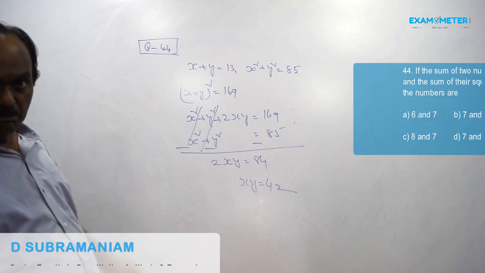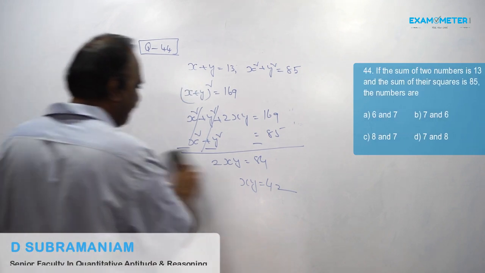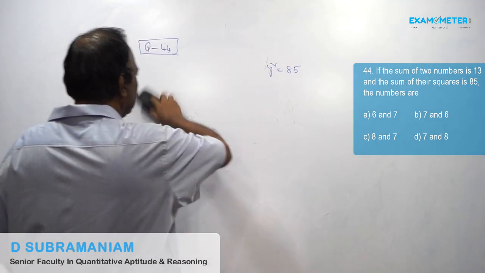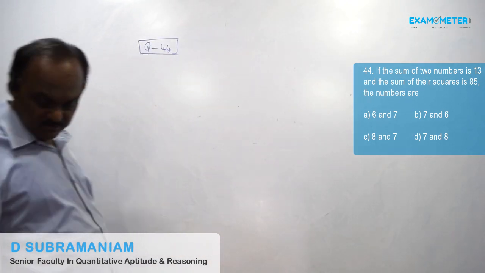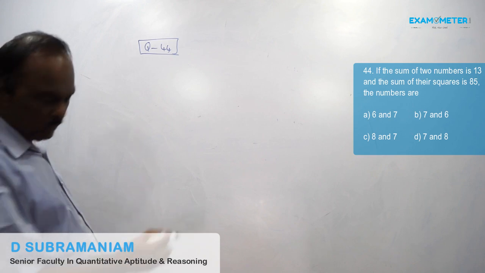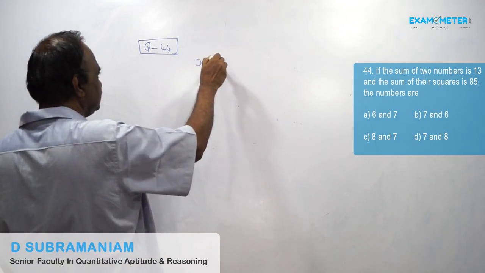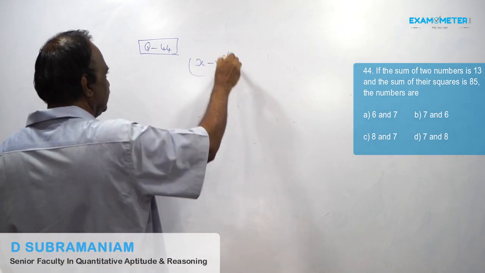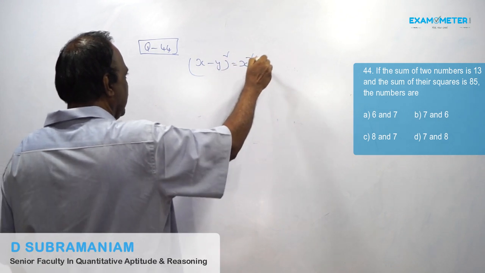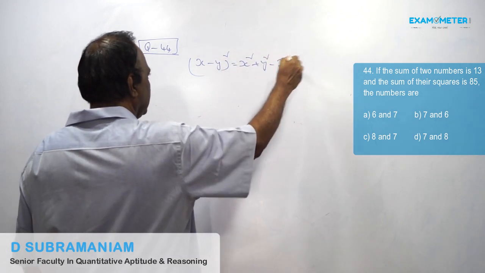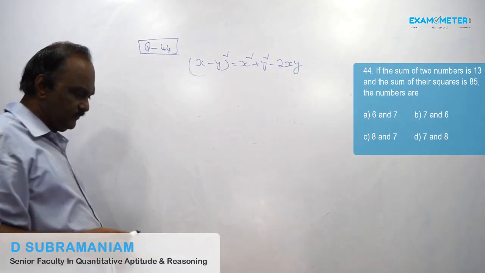Then the difference, that is (x minus y) whole square. x square plus y square minus 2xy.